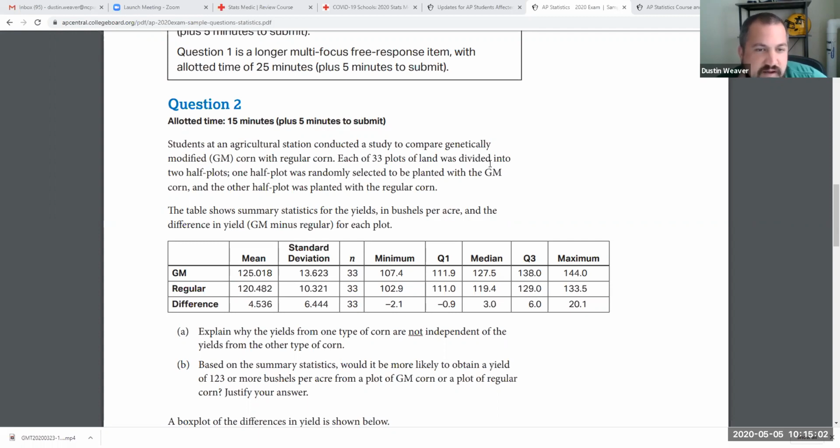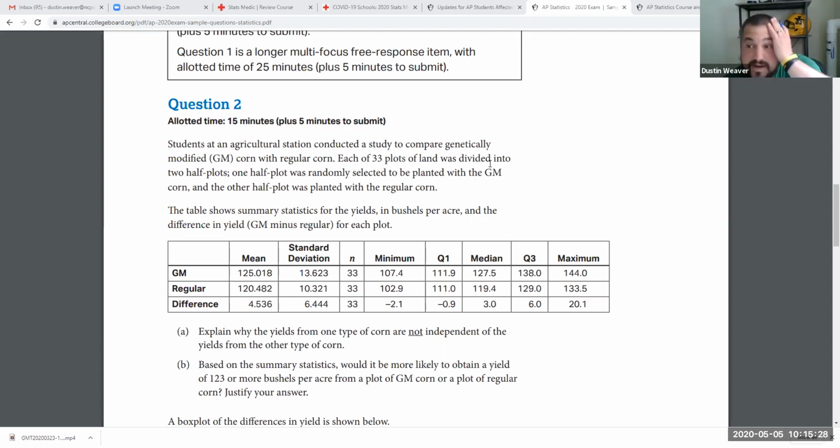The other half plot was planted with the regular corn. The table shows summary statistics for the yields in bushels per acre and the difference in yield. And the difference would be genetically modified minus regular. So, explain why the yields from one type of corn are not independent of the yields from the other type of corn.